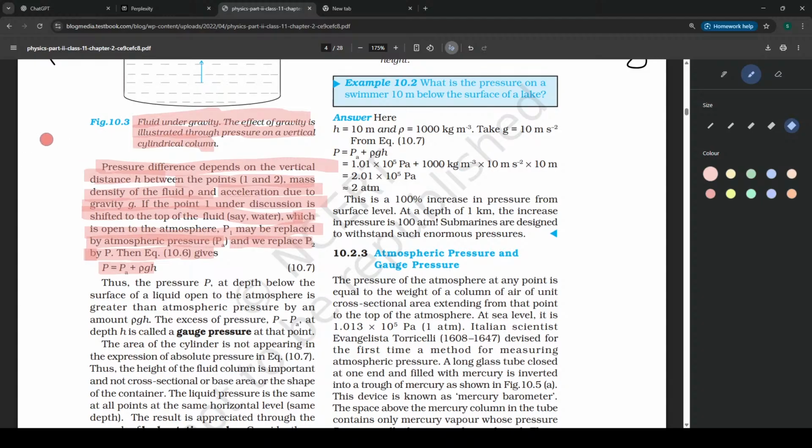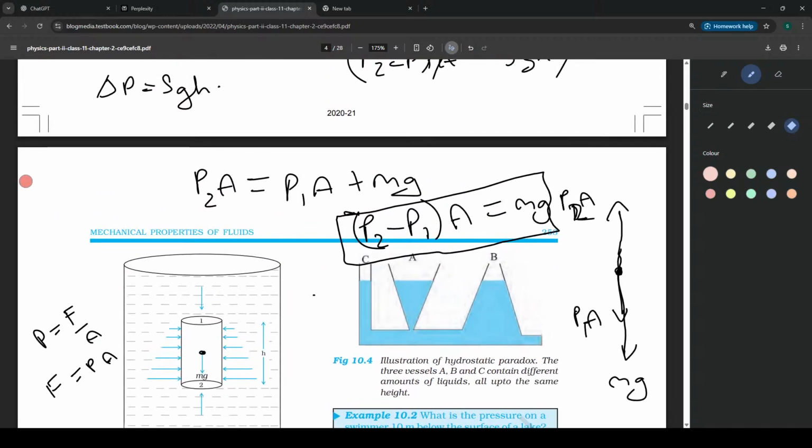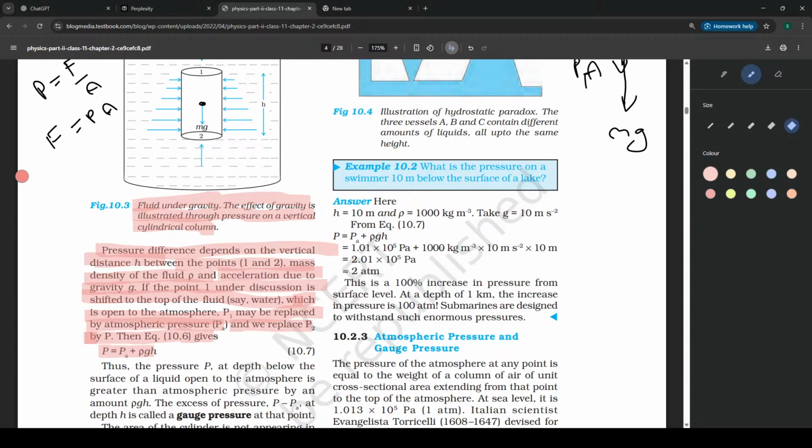Another form of the above equation: let's say that the top of this fluid is exposed to the atmosphere. Then P1 we can write as atmospheric pressure.